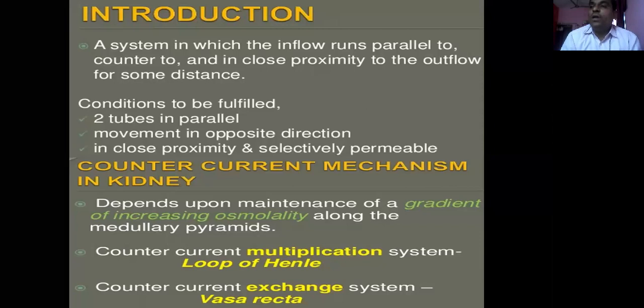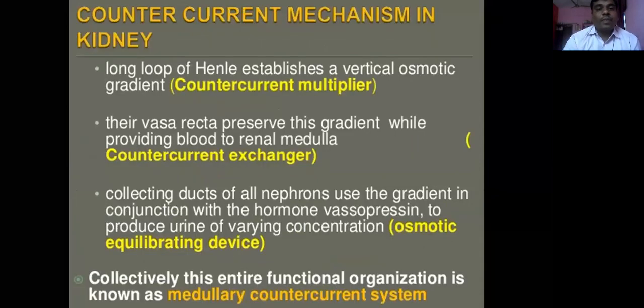The countercurrent multiplication system generally takes place in the loop of Henle. The countercurrent exchange system takes place in the vasa recta.